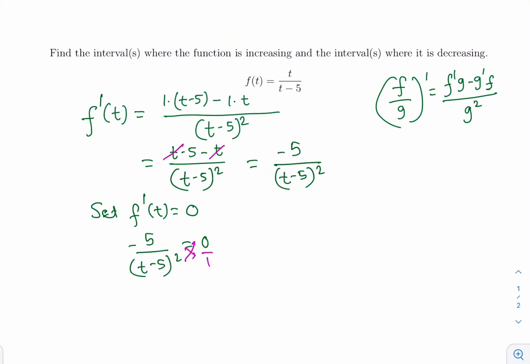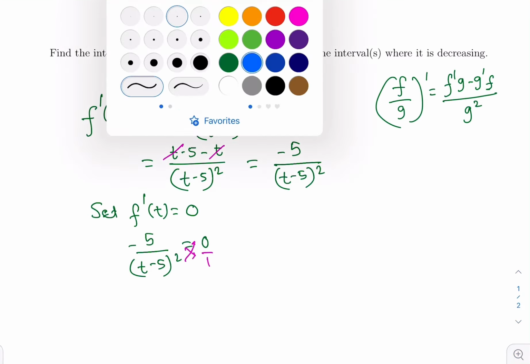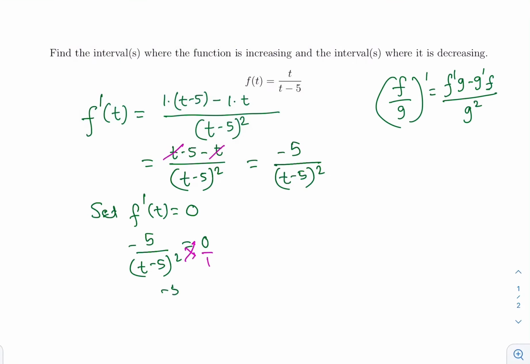That gives negative 5 times 1, negative 5, equals 0 times the bottom, which is 0. So negative 5 equals 0, which is a false statement. That means the derivative is never 0. So there are no critical numbers from the derivative being 0.